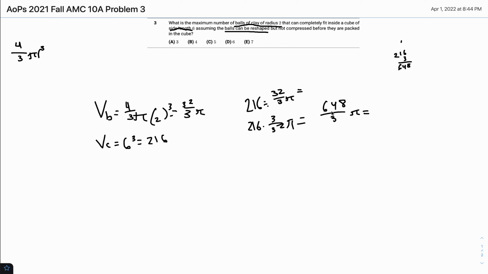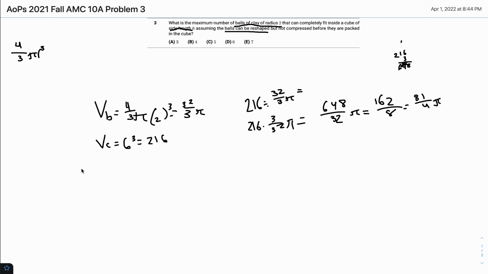Okay, 10, 18, but that's 32, which would be 2. So we'll divide by 4 and we get 162 over 8, which is 81 over 4 pi, and that's all you can simplify. So it's 20.25 pi, or 81 over 4.